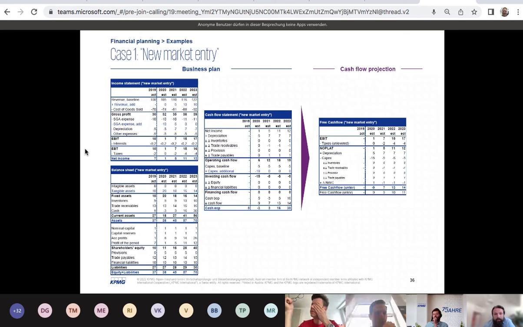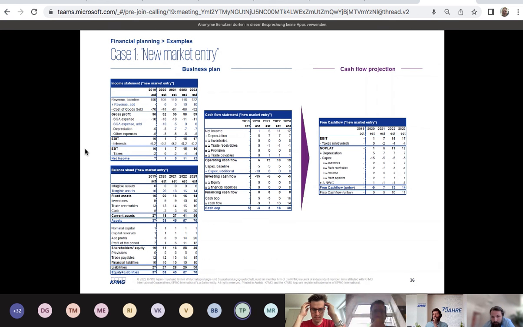And then you look at your cash flow statement, and again, this is just the result of the income statement and the balance sheet. Here you see in blue the additional capex, right? And then you can look at your cash flow and compare the resulting cash flow with the previous cash flow from the baseline case or the baseline model.